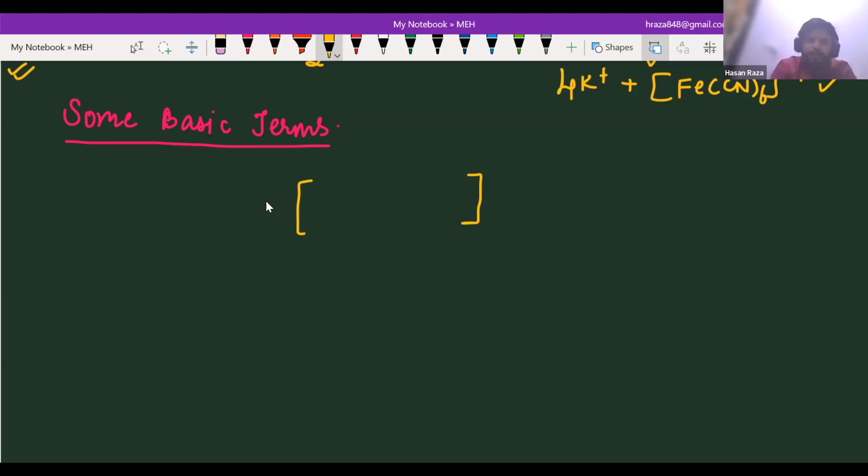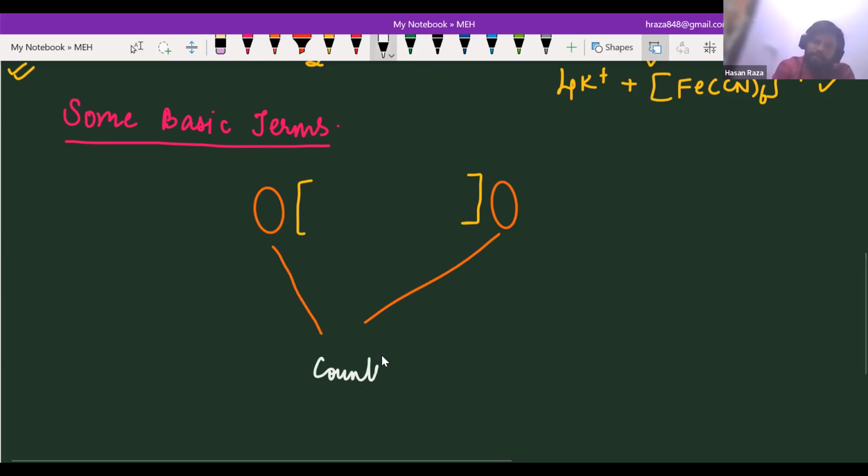Anything before and after the square bracket is basically known as a counter ion, and it is used to neutralize the compound. If there is a positive charge on the square bracket, then the counter ion neutralizes that.